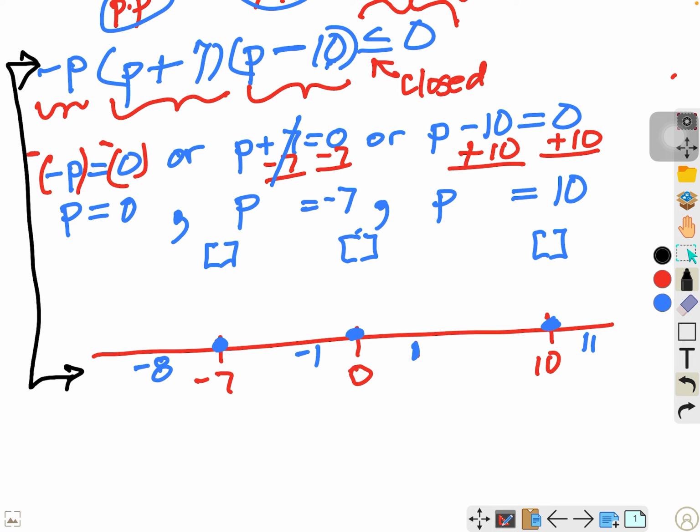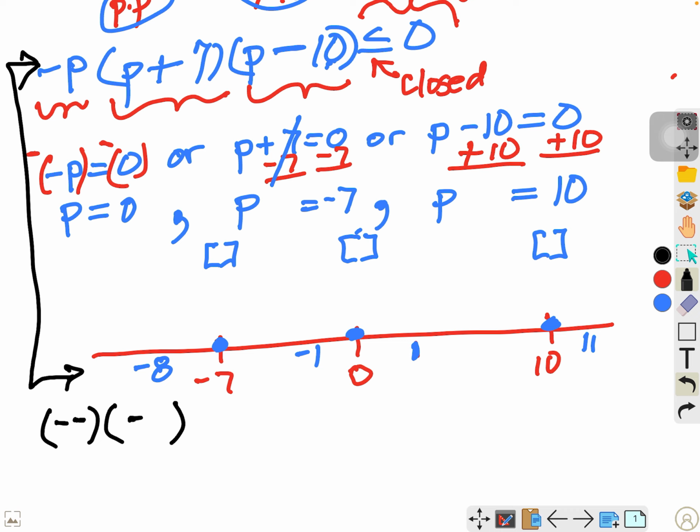Okay, so -8. We're going to plug that in into -p. So there's already a negative out there. And then we plug in the -8. Then in the middle quantity, -8 plus 7, or 7 subtract 8.